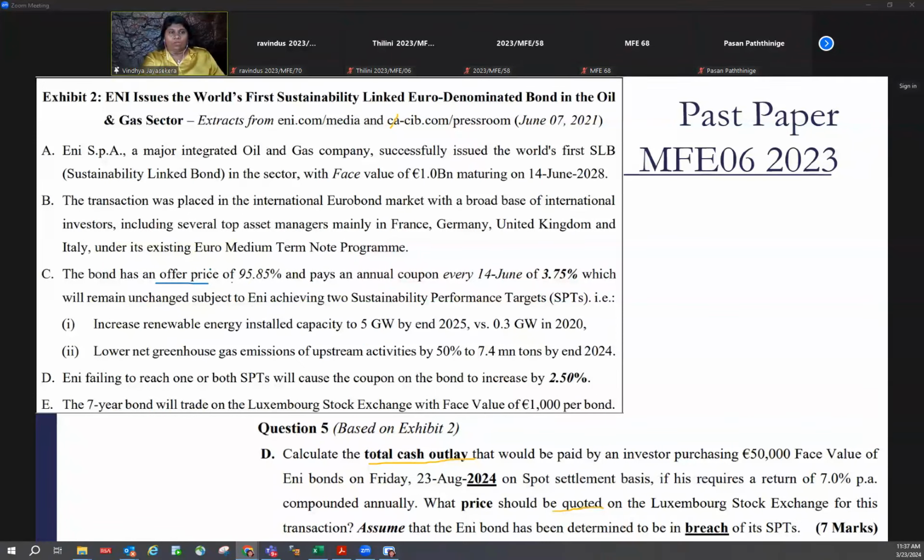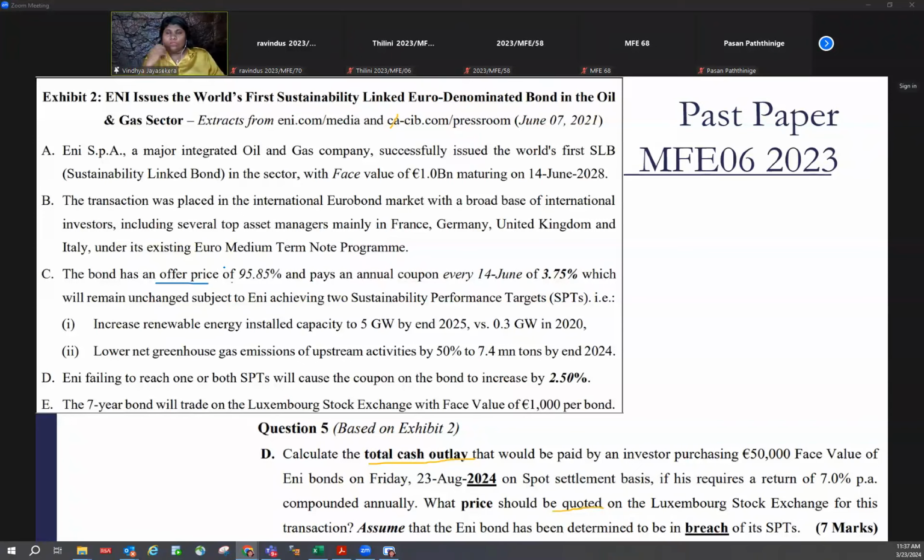But what do you mean by the bond has an offer price of 95.85%? What does that mean? Is it offered at a discount? That's right, of face value.